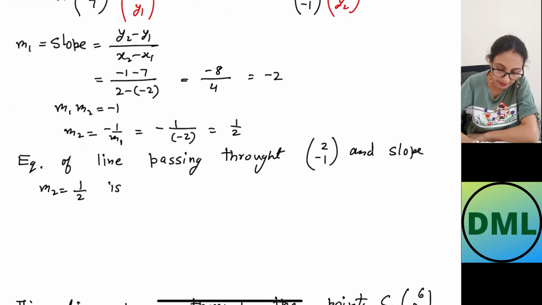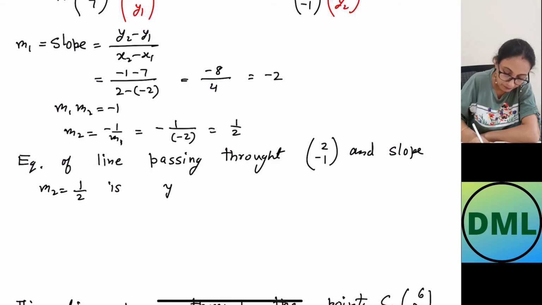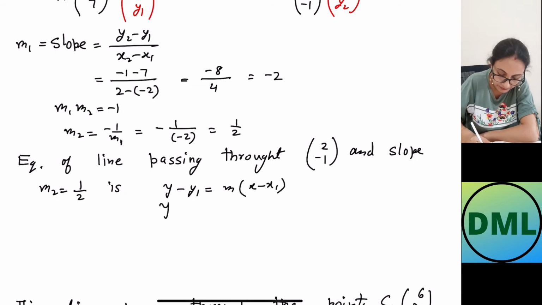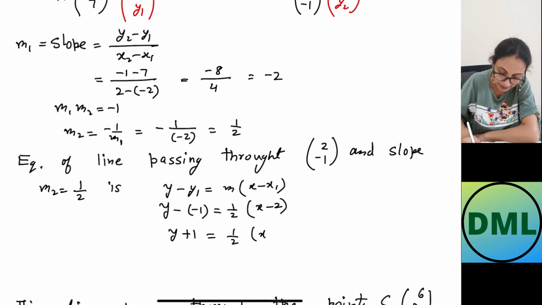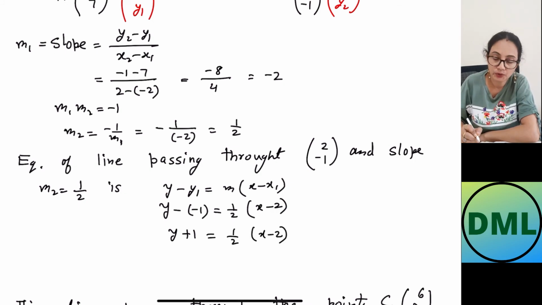So the equation of the line passing through the point 2, minus 1, the point B, and the slope half is given by y minus y1 is equal to m into x minus x1. Let's put back the values here. y1 is minus 1, m is equal to half, x1 is equal to 2. So it will be y plus 1 is equal to half of x minus 2.